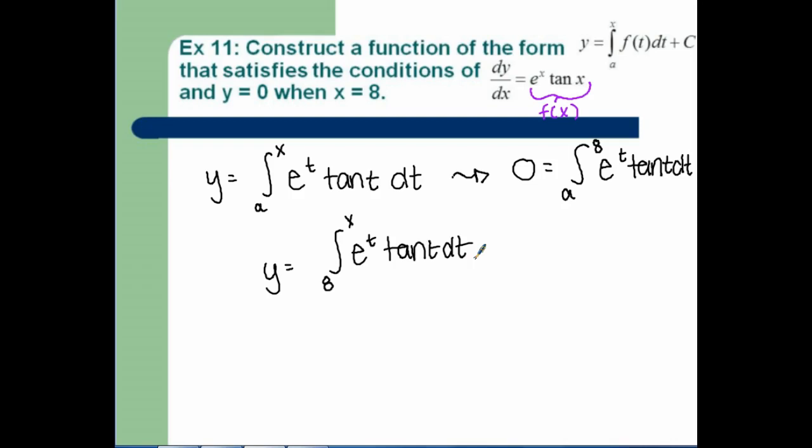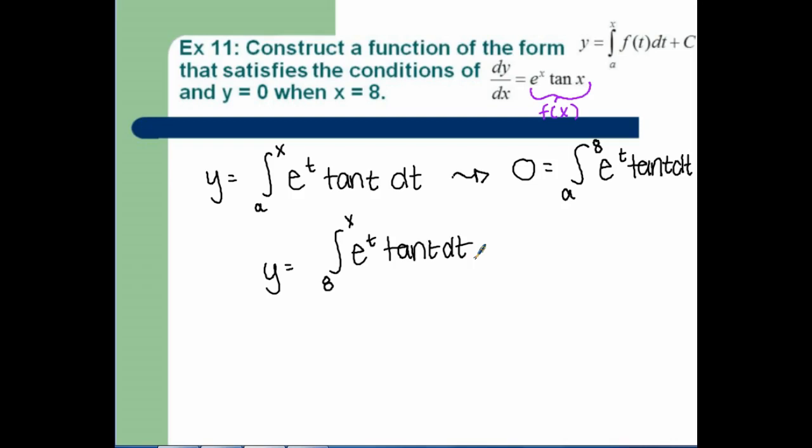The only way to get an integral equal to 0 is to have what? The bounds be the same. That's what I was trying to get to. Everybody's like, it was simple. How do you get 0 for an answer? The bounds need to be the same. So that's how we can justify that that a value is 8.